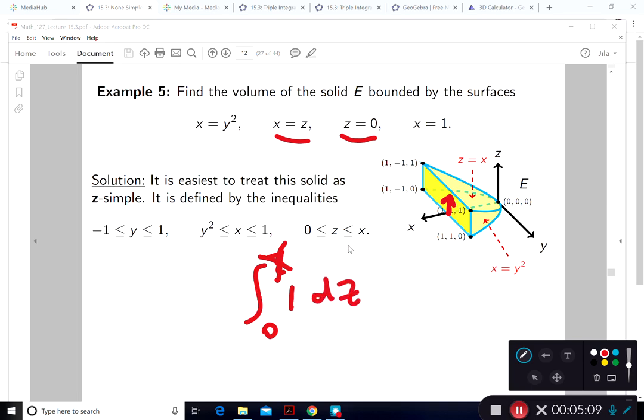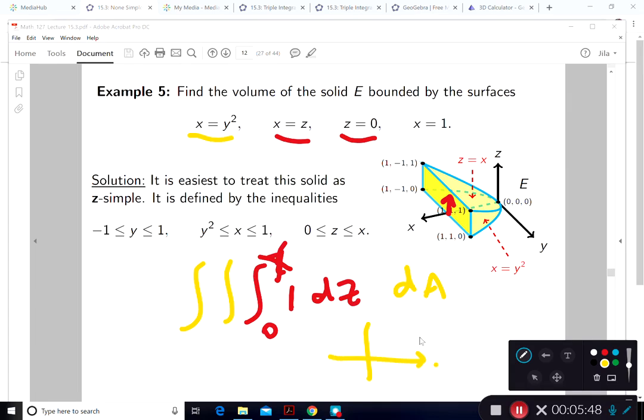Now I have to figure out the two outer integrals. How do I find them? Let's see. The projection of the solid over the xy plane, the plane of the two other variables, looks like a parabola. We actually drew that one first when we were trying to figure out the shape.